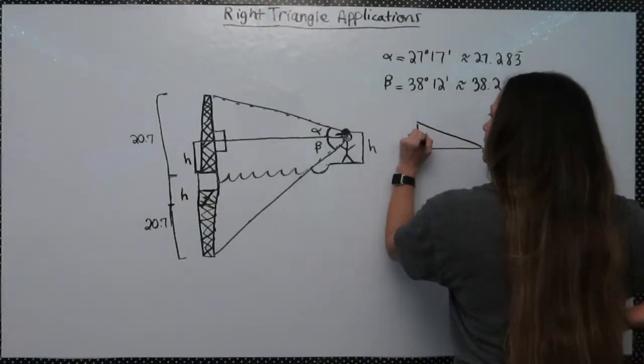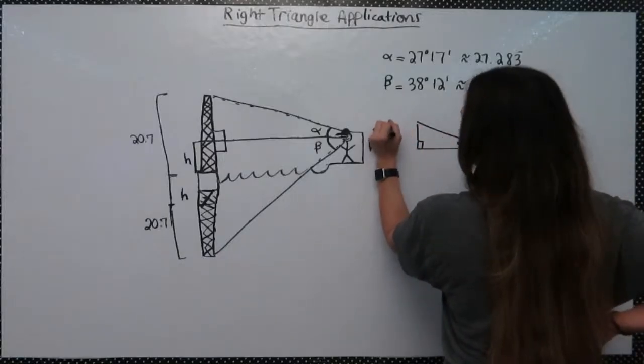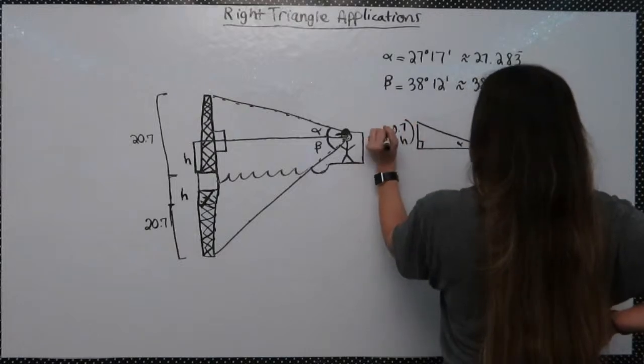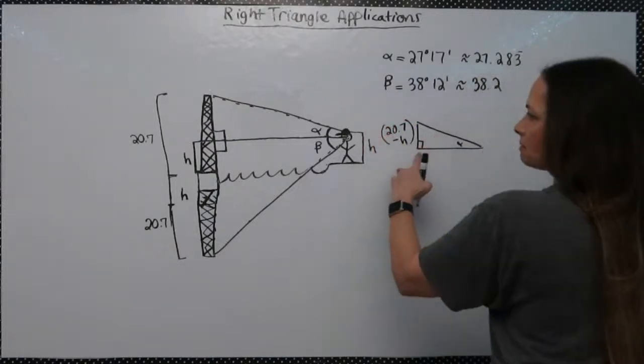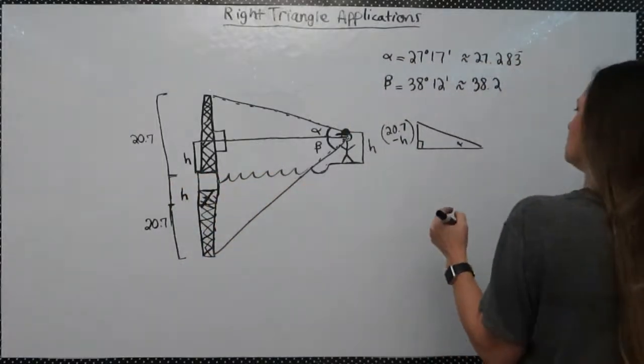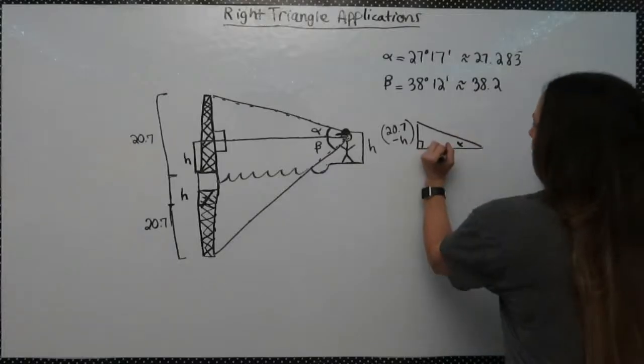We've got our right angle, we've got alpha, and this one's going to be 20.7 minus H. This distance, because it's just subtracting from the man. And the width of the river.